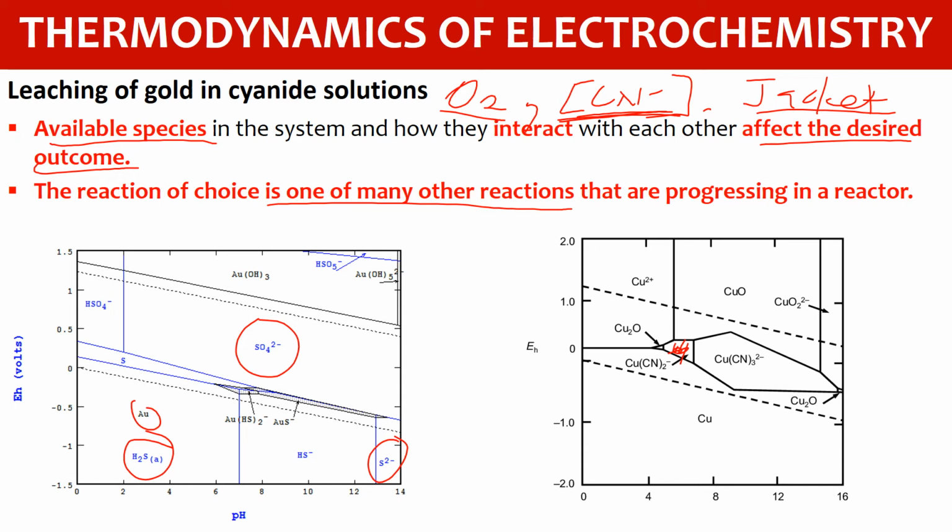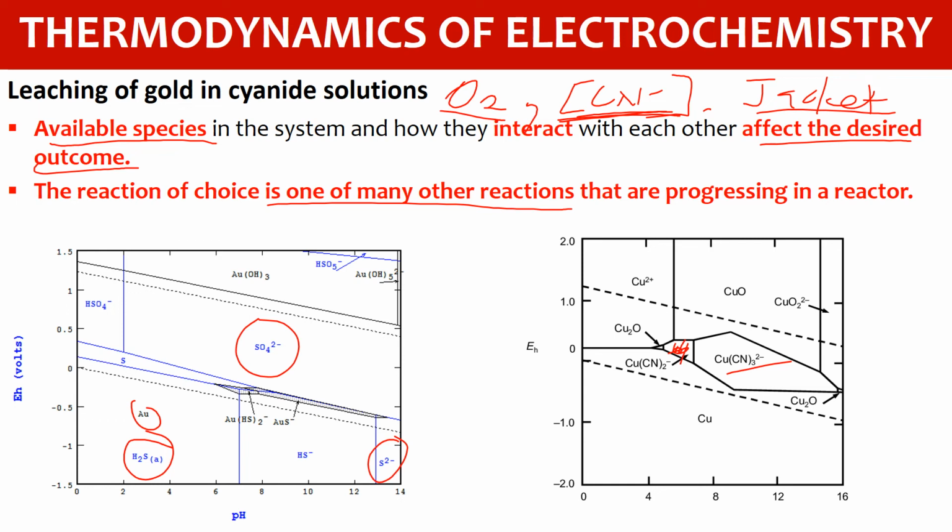They are trying to form the copper trivalent or copper tetravalent cyano complexes. Now these complexes tend not to adsorb on the carbon, or if they adsorb, they easily dissolve from the carbon.